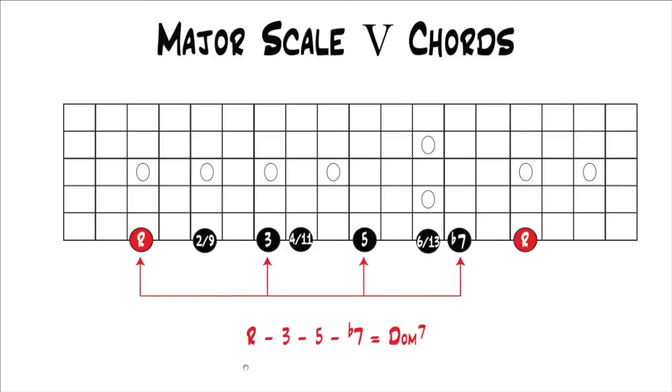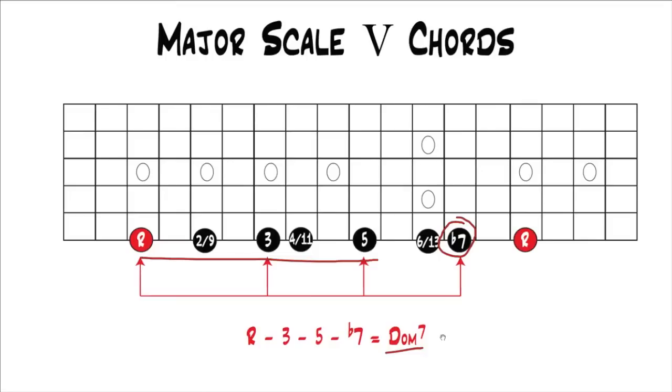And as you know, building a 7th chord starting on the 5th note of the major scale gives you a dominant 7. And that has that flat 7 in there, which is what creates a dominant 7. It's a major triad. Adding the flat 7, you get a dominant 7. And you also know that building a 7th chord off the 1st note of the major scale gives you a major 7th, and building a 7th chord starting on the 4th note of the major scale gives you a major 7th.